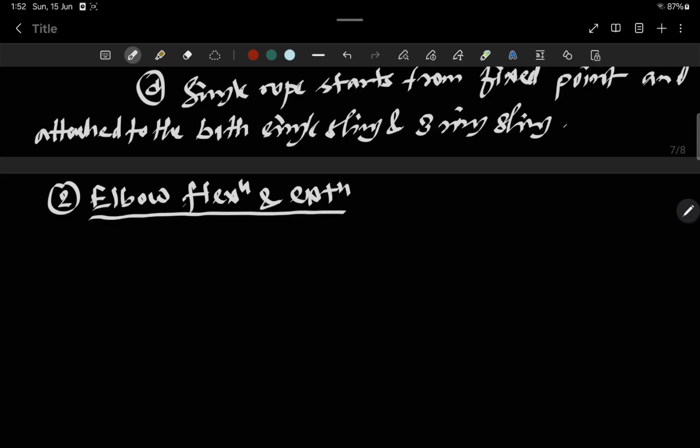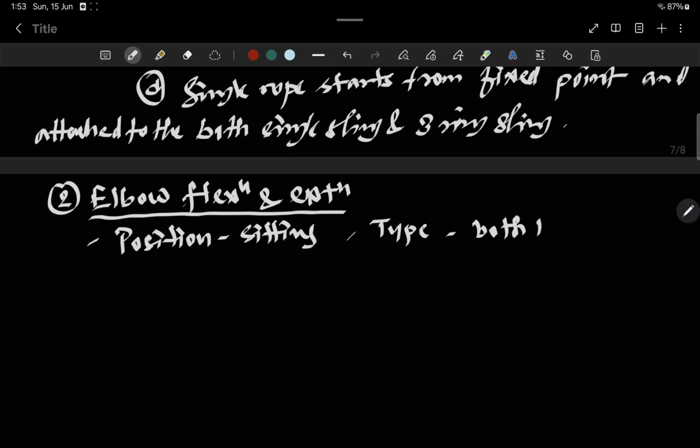Here, the same position of the patient is sitting. Type of suspension is both the vertical and axial suspension.